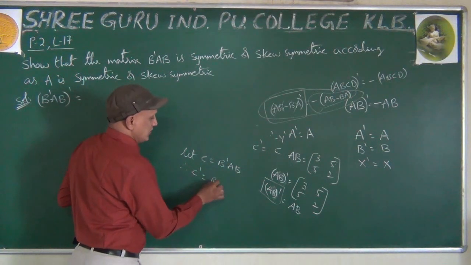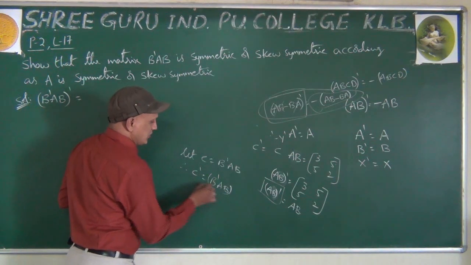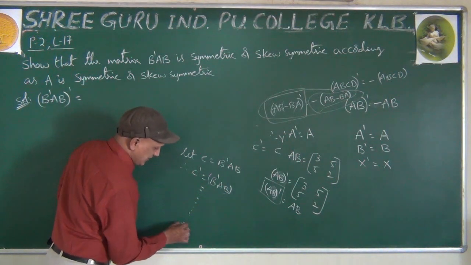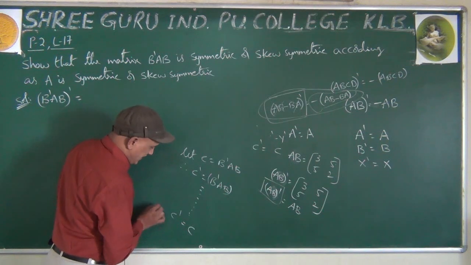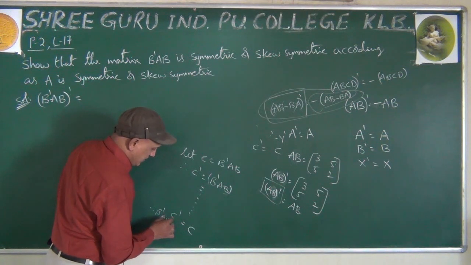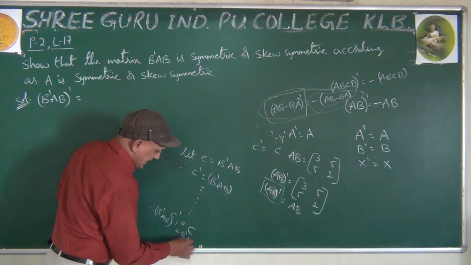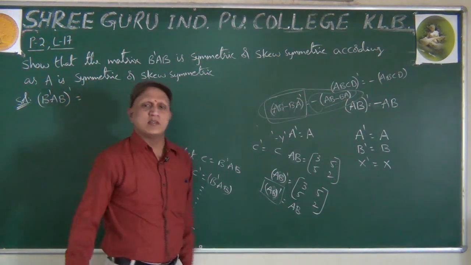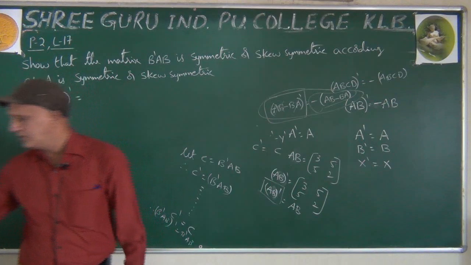Therefore, C dash equal to B dash AB equal to C. Therefore, B dash AB whole dash equal to B dash AB. Therefore, B dash AB is symmetric.